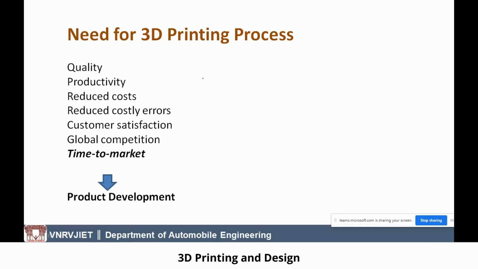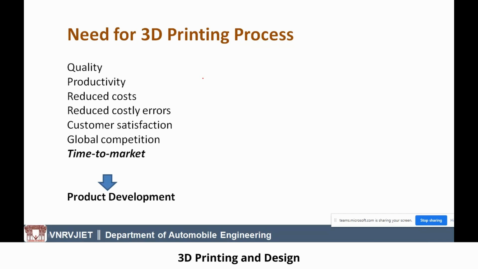And in the present days, there is global competition in 3D printing, because there are n number of printers and n number of manufacturing processes. Whoever produces the component fastest to the market can take more market share and produce a lot of profits for his organization.